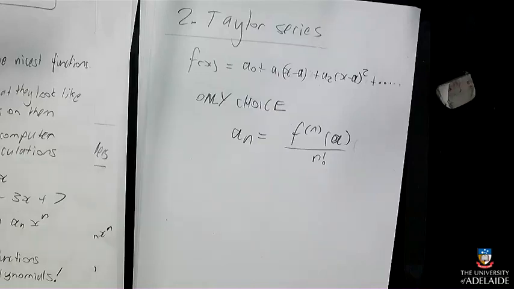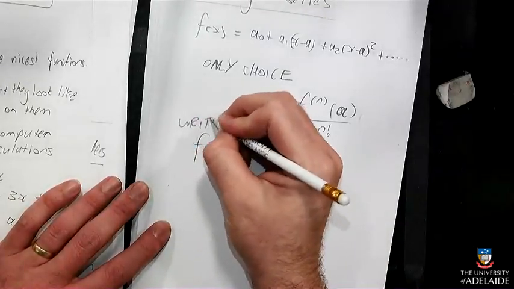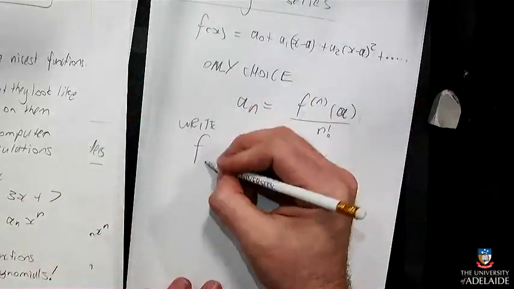And it's really useful to know that there's only one choice. Because what that means is that if you happen to find one that works, then it also tells you the derivatives of your function. So what we normally write, there's not an n there, sorry.